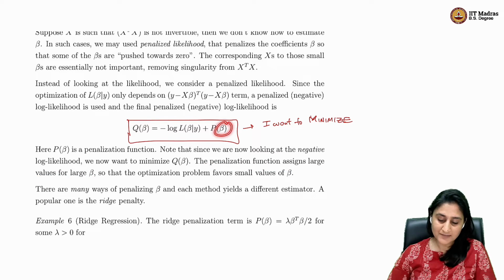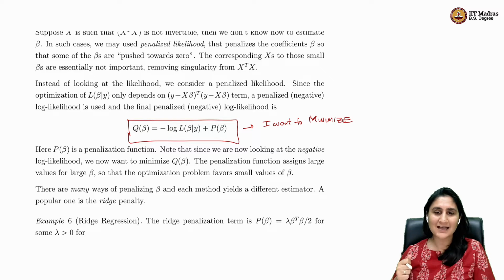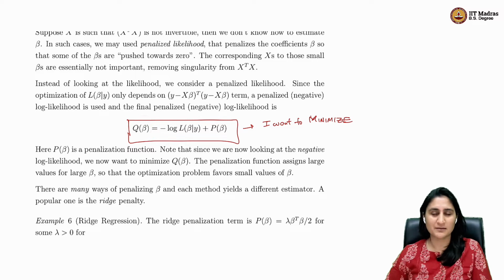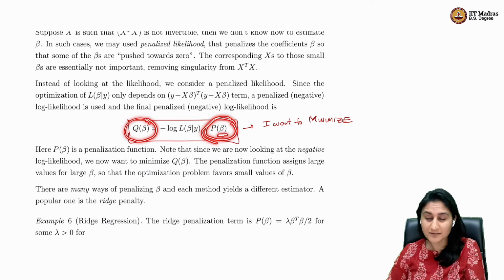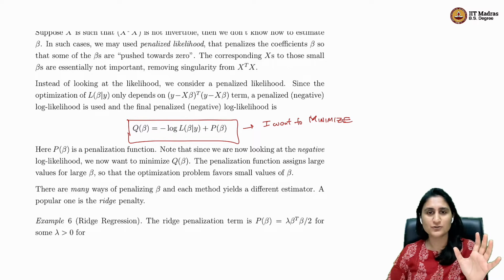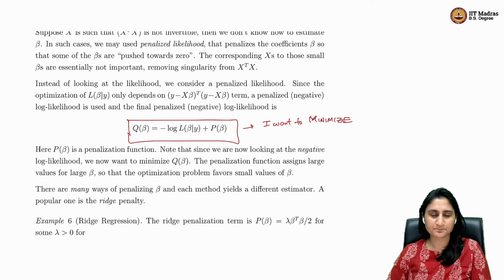So if beta is large, it adds a large number to the actual object that I want to minimize. If I want to minimize Q beta and P beta has added a large term to it, that large value of beta that adds this large P beta term, I don't want to choose as the actual minima. That's really the idea of what's going on.